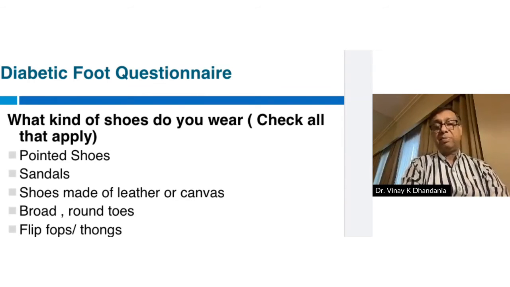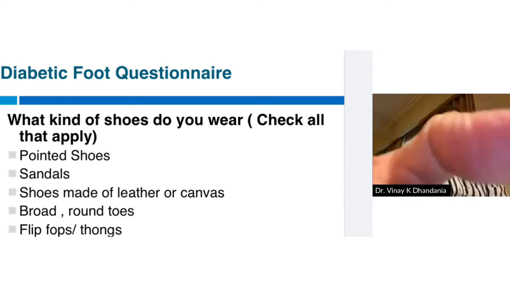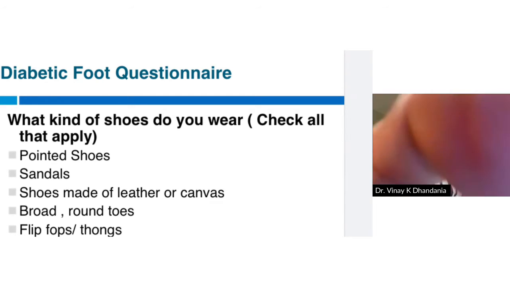So step by step, you can cover all the possible complications of diabetes. You need not talk about all of them in the first visit, which is a very, very tedious job. Even the patients get bugged when you ask too many questions.